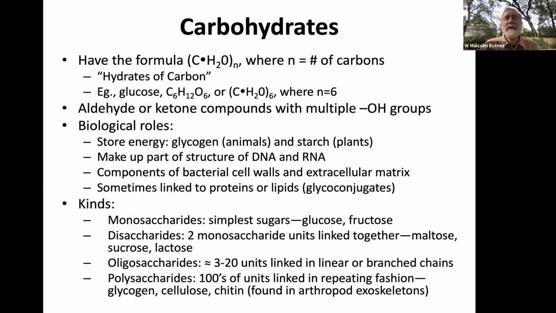These are made up of 3 to 20 units that are linked in linear or branched chains. And finally, we have polysaccharides. These are made up of hundreds of units that are linked in a repeating fashion, and they include glycogen, cellulose, and chitin, which is a type of polysaccharide found in arthropod exoskeletons.